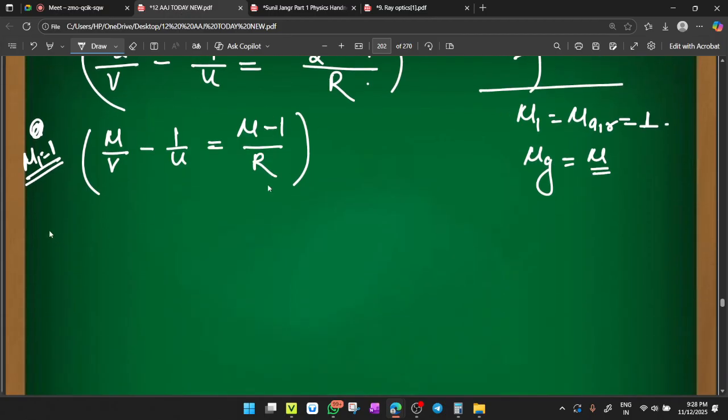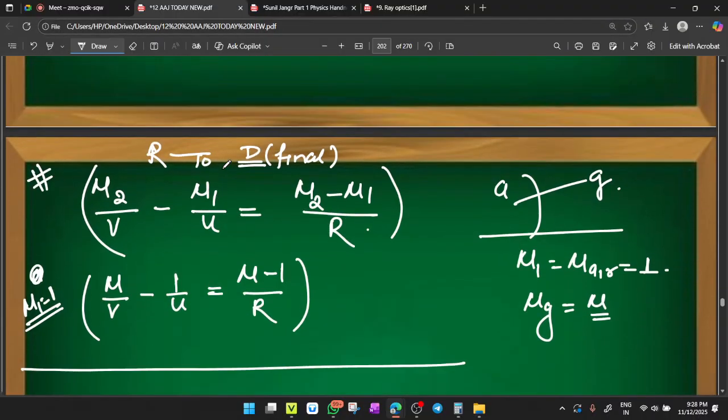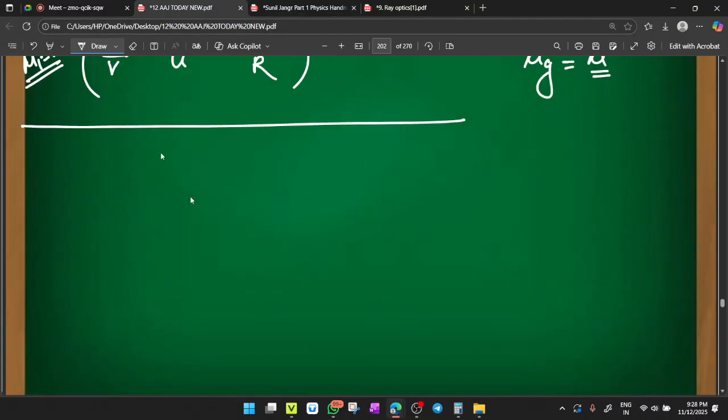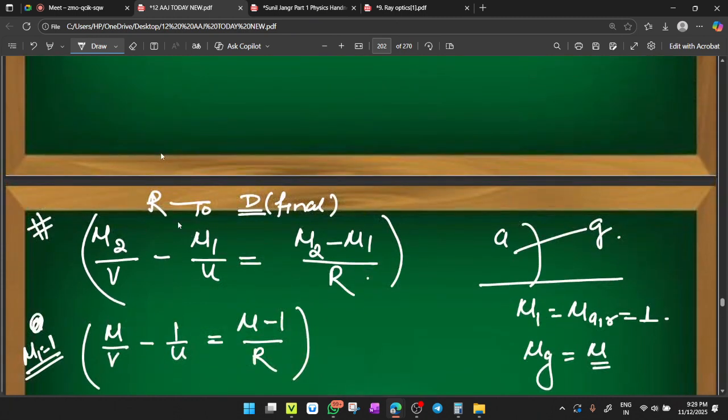Now the second category we have derived is refraction from denser to rarer. So denser to rarer means your final image will form on a rarer medium. Then what are the relations? Must remember them. You just change the values here. In the place of mu1, you place mu2, and in the place of mu2, you place mu1.